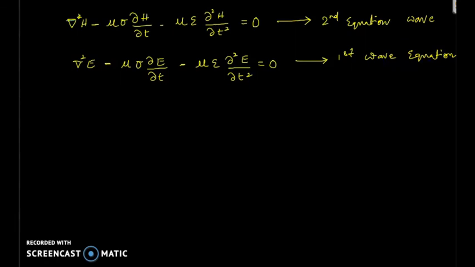So both the equations are very easy to remember. Just replace H with E, you will get the first wave equation. If you do the vice versa, you will get the second wave equation. So both the wave equations represent the characteristics of electromagnetic wave propagation in a conducting medium.